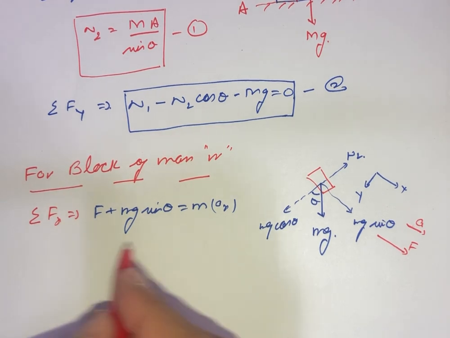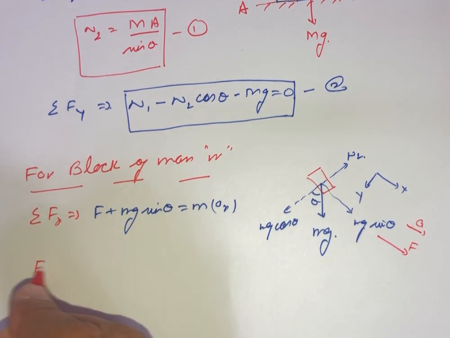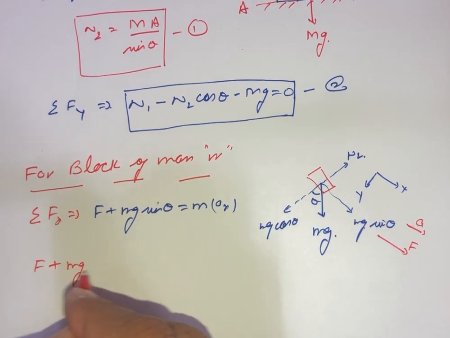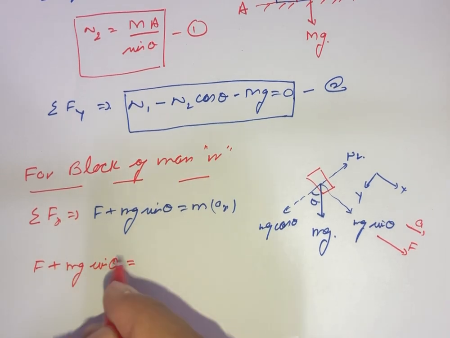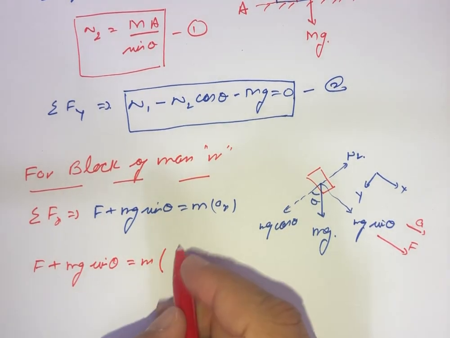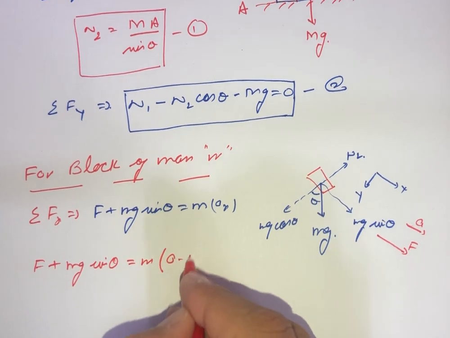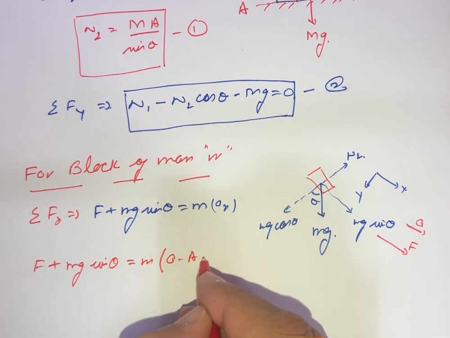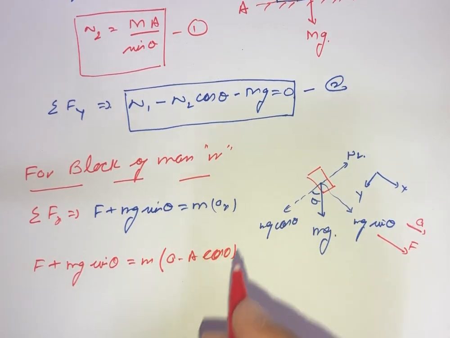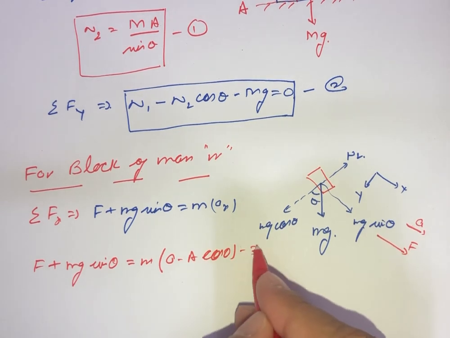So we can expand this equation as F plus mg sine theta is equal to m, putting the value of the x component, that is a minus a cos theta, and that is equation number 3.